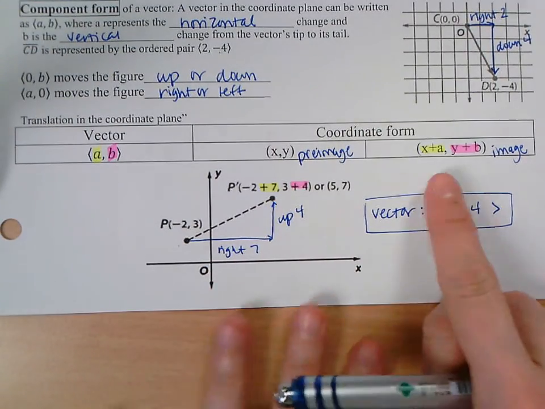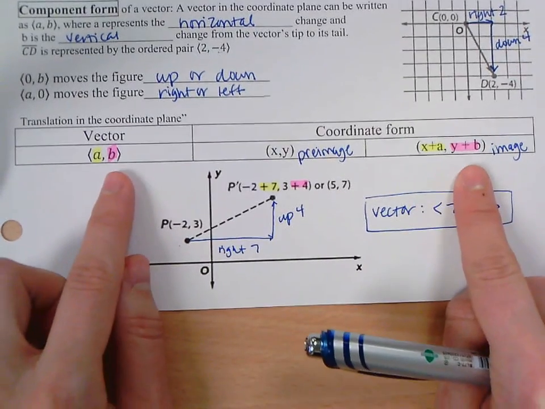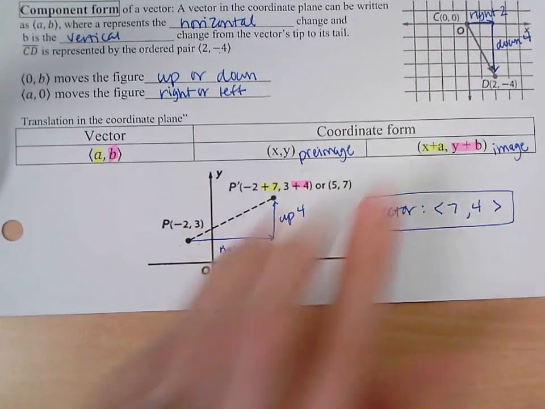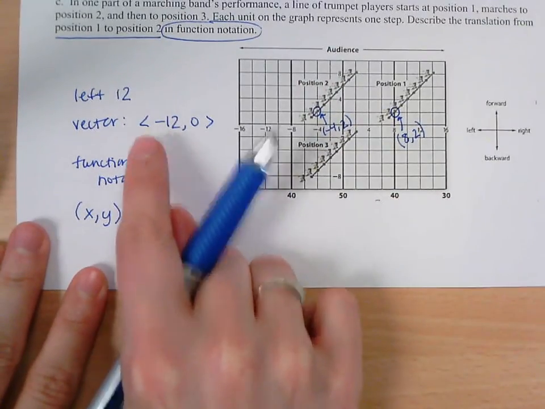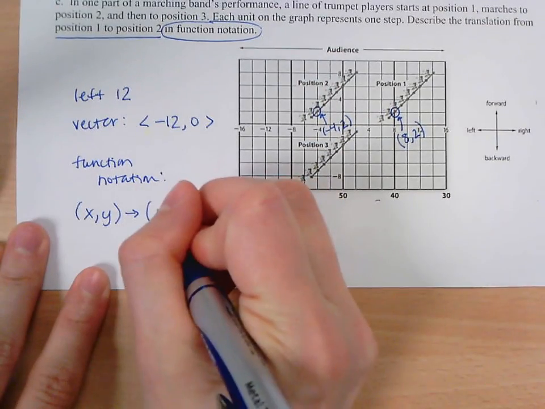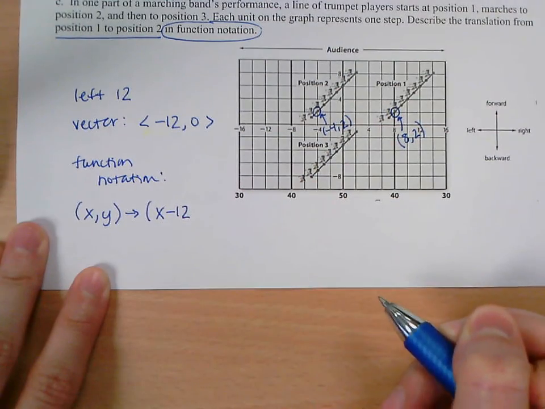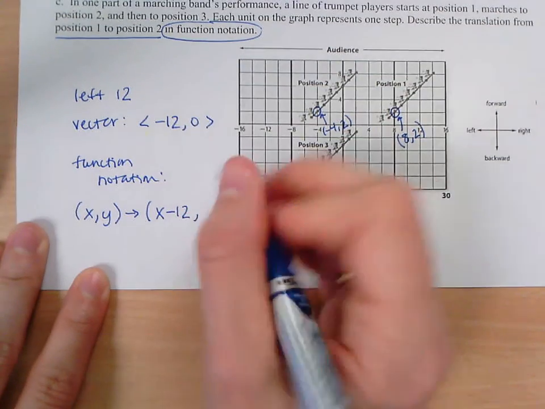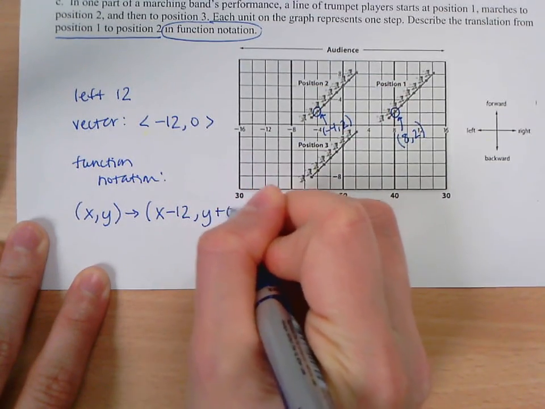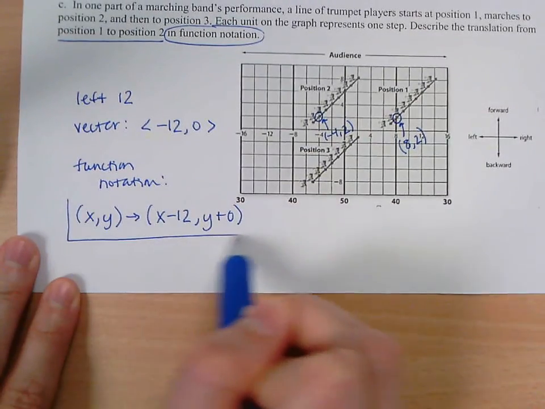So you add the horizontal change to your x coordinate, you add the vertical change to your y coordinate. Since my horizontal change is -12, my new coordinate would be my original x coordinate plus -12, comma, my new y coordinate. I'm not changing y, so I'm really taking y plus 0. And that's the form that they're looking for when they say that.